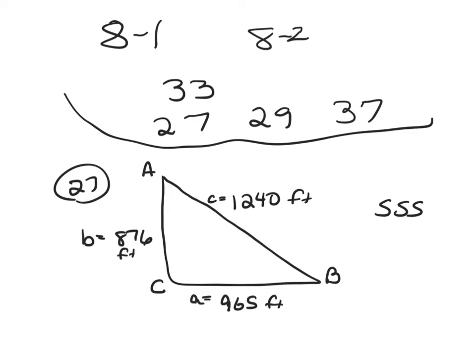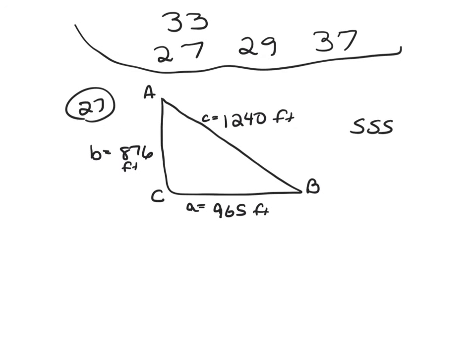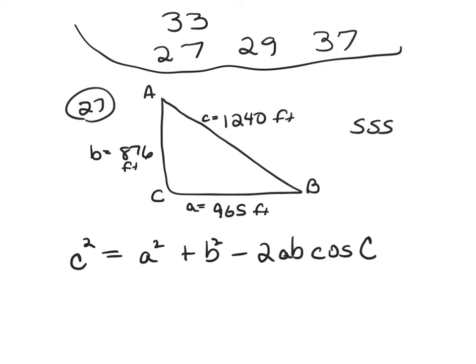So we're going to set this up, and I'm going to be looking for angle C. So I'm going to be doing C squared is equal to A squared plus B squared minus 2 times A times B times cosine of C. Now, realize that this beginning C and the capital C need to match.